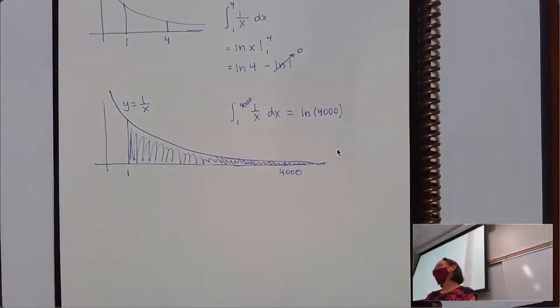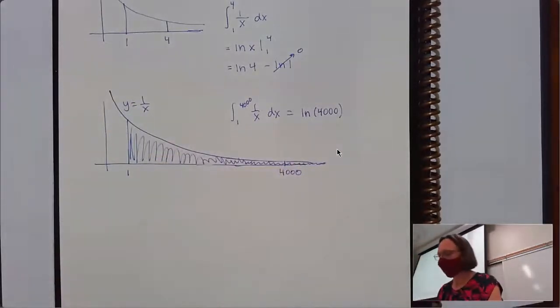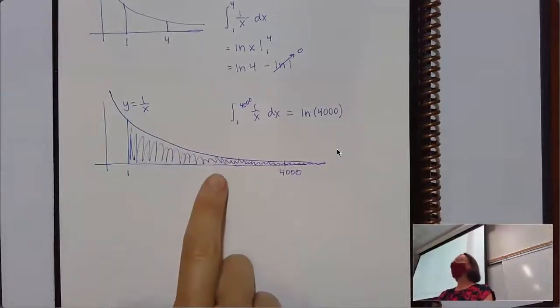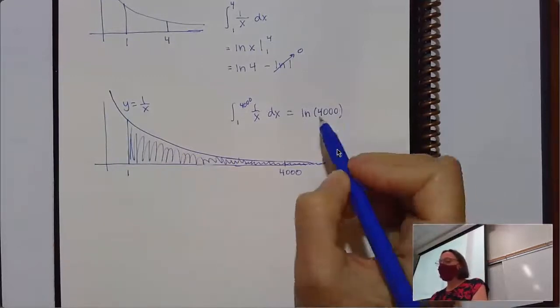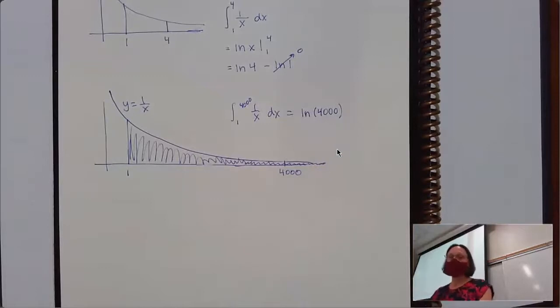Natural log of infinity is going to be infinite. Backwards. Natural log of 0 gives you negative infinity, but natural log of infinity is going to infinity. I understand where your 0 is coming from because I've drawn this graph. This graph is headed to 0, but the area under the curve is heading to ln of something.